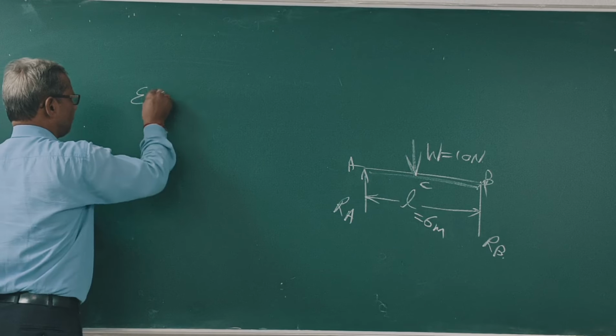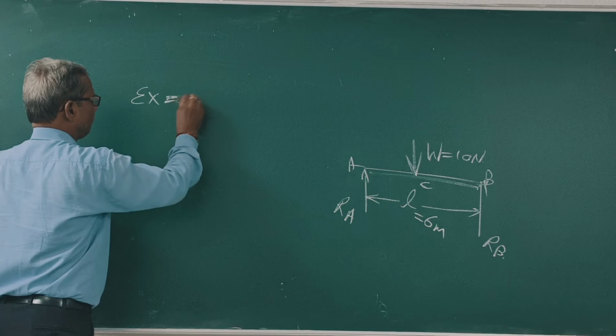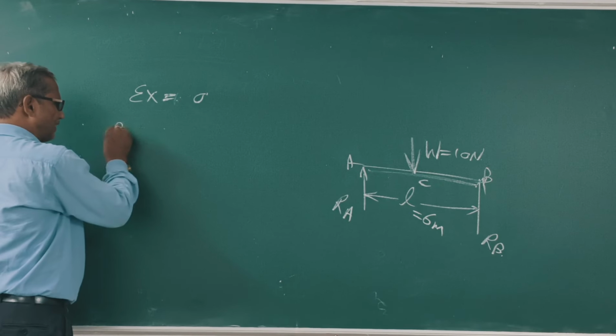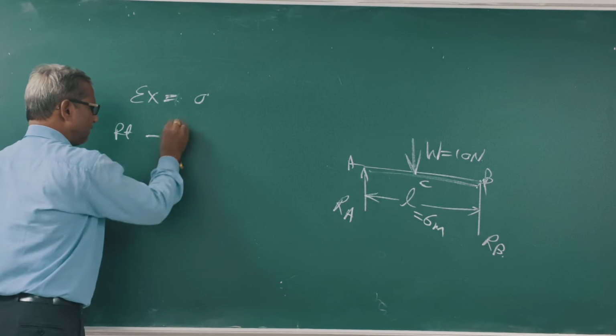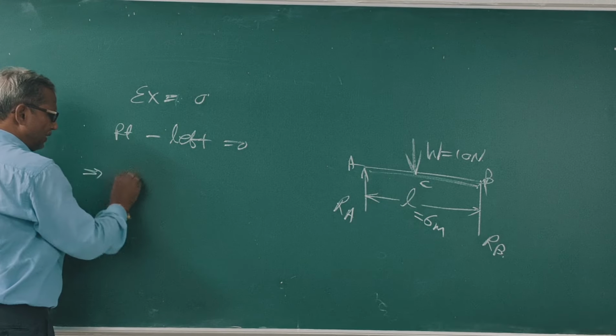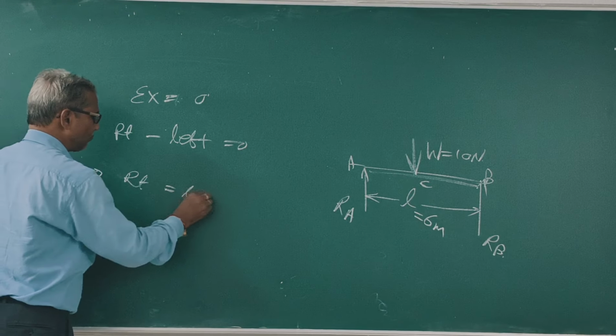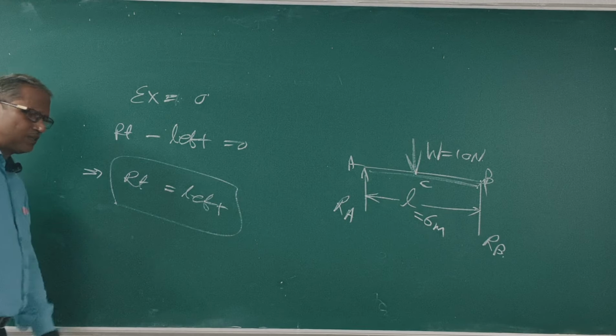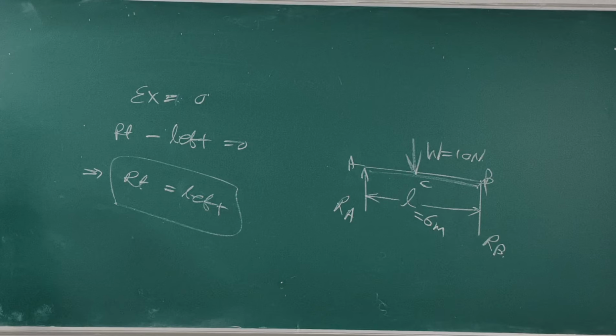Summation of x is 0. That means right side force minus left side force 0. This implies right side force is equal to left side force. This is summation x is 0.